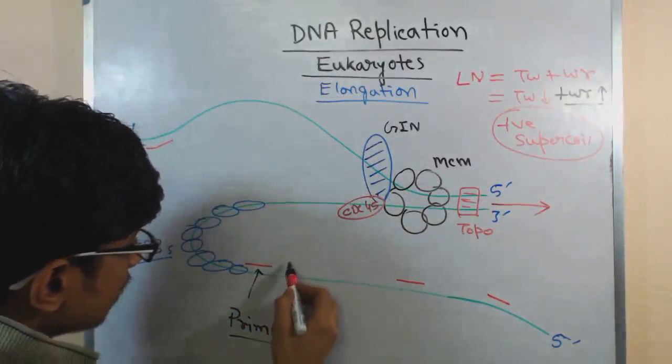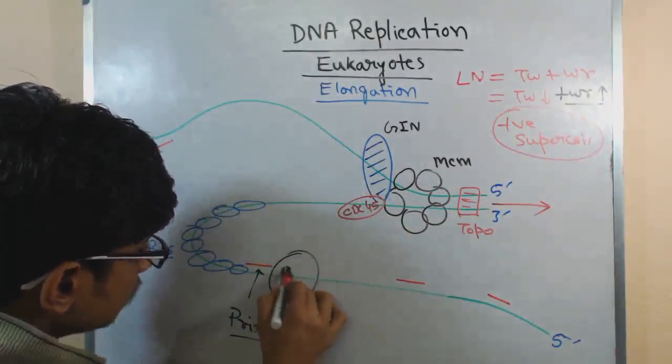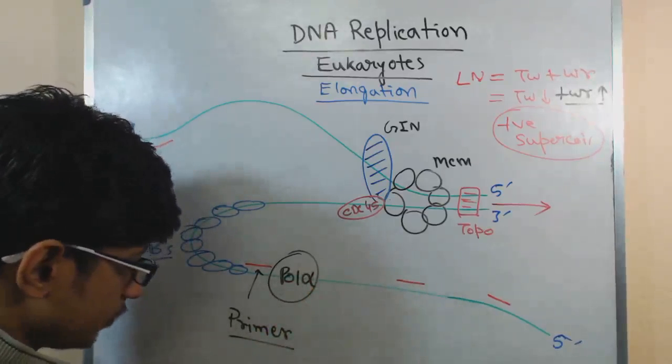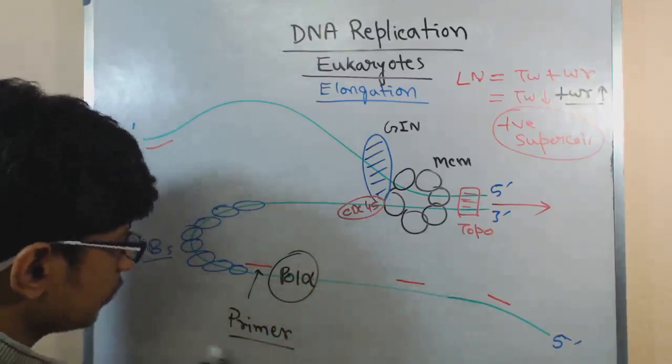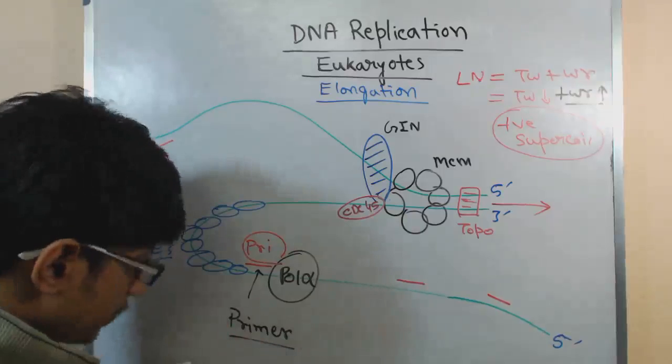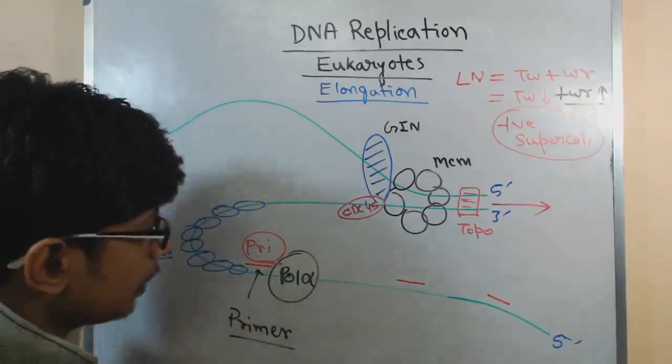So I am drawing it. This is the polymerase alpha along with primase. They act together.